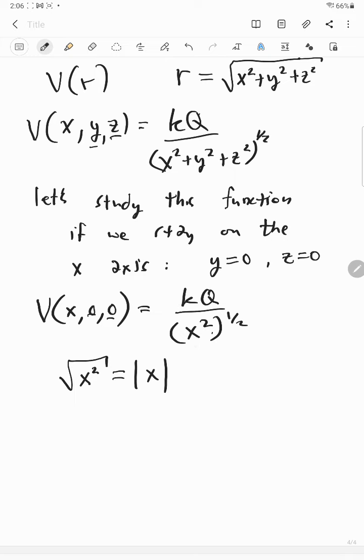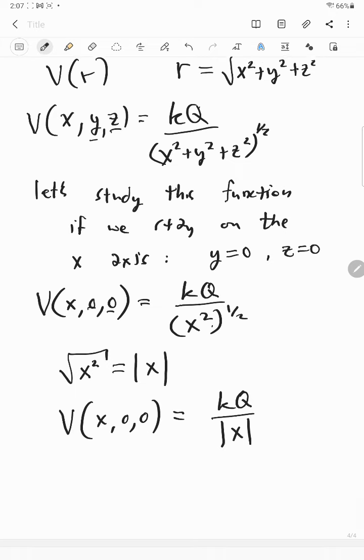Then taking the square root is always okay because we're only ever taking the square root of a positive number. So the result of squaring then square rooting is only to give back the absolute value of x. So all of a sudden we've got a really interesting potential function.